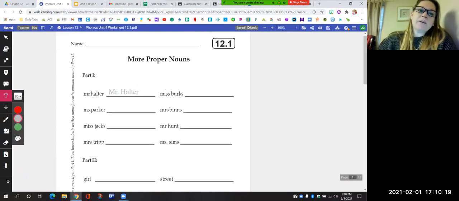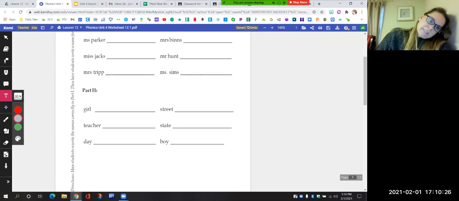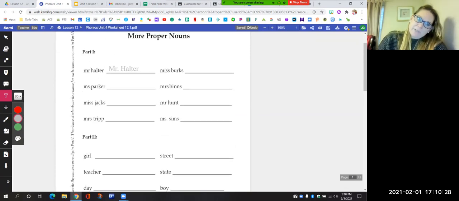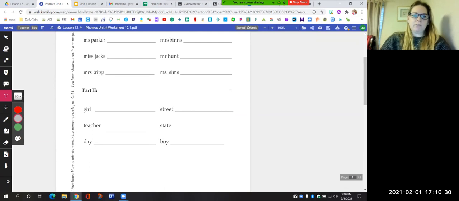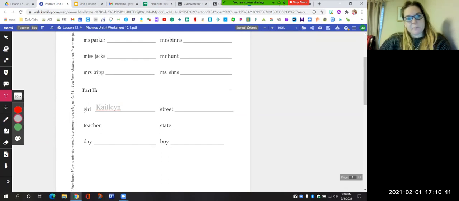So you're just going to retype the name correctly for the first part. For the second part, it says, have students write a name for each common noun. So in girl, I'm going to write the name of a girl. I'm going to write Caitlin. All right, so this is a common noun. You're going to write a proper noun.